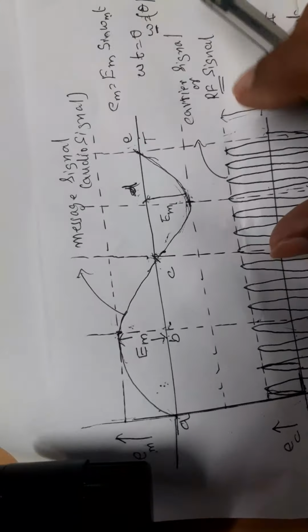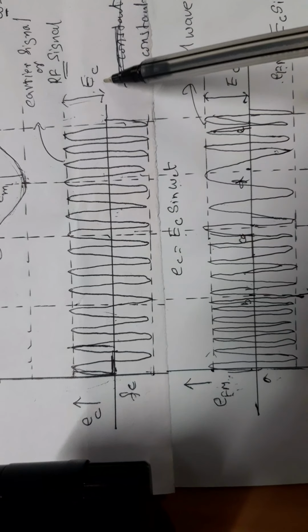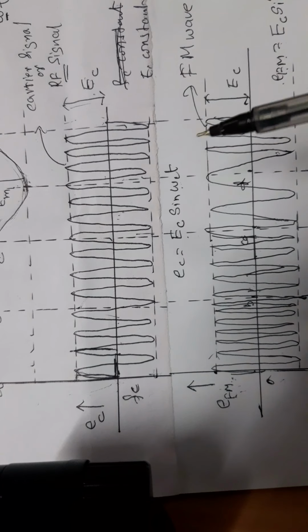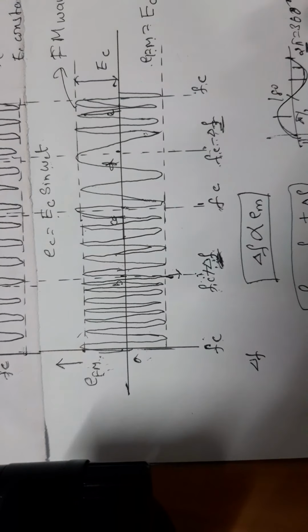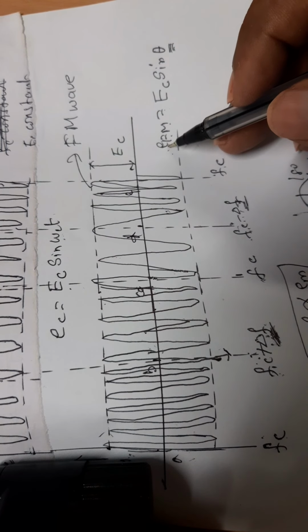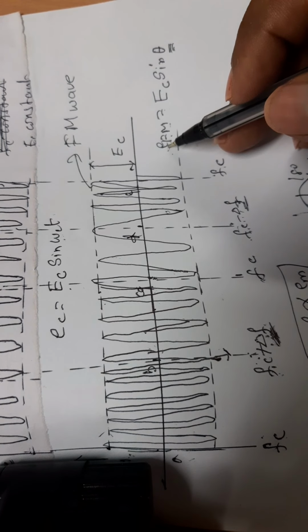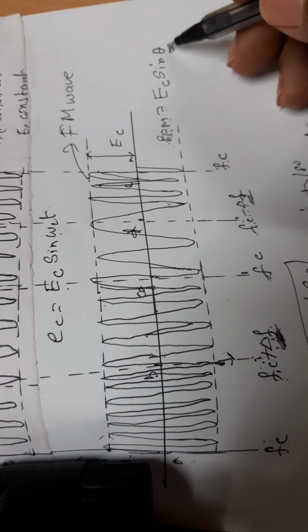See, the modulating signal is represented by Em equals Em sin omega mt. The carrier signal is represented by Ec equals Ec sin omega ct. Similarly, the frequency modulated signal voltage, that is EFM, is represented by Ec sin theta. Okay, I will write this here.